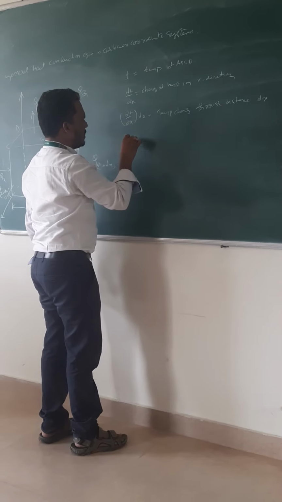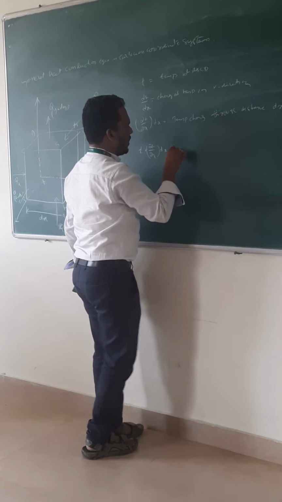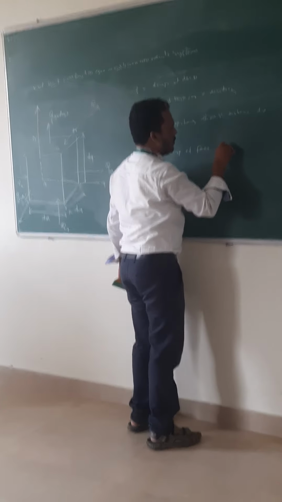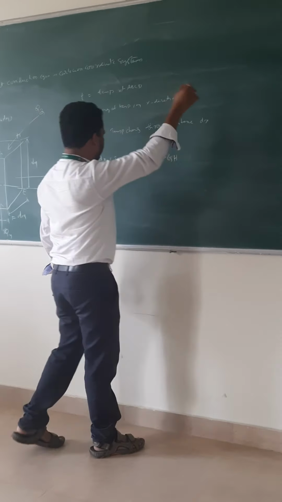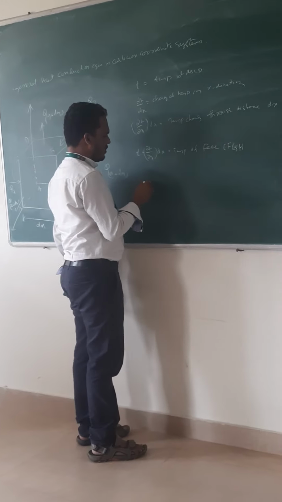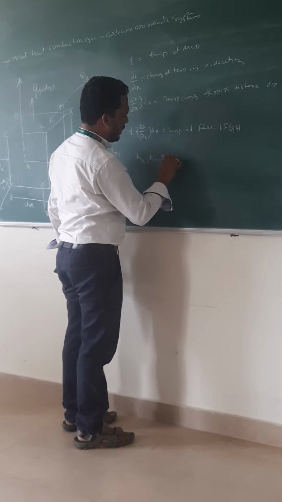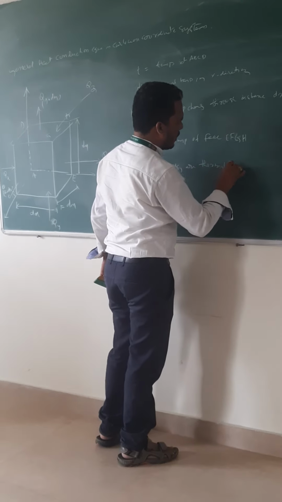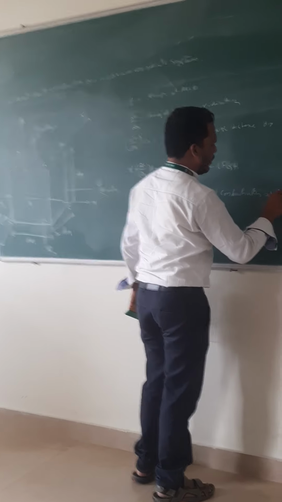So T plus dou T by dou x into dx is the temperature of the face EFGH. Similarly, the same way applies for the three axes in the three directions. kx, ky, and kz are the thermal conductivities of the element.